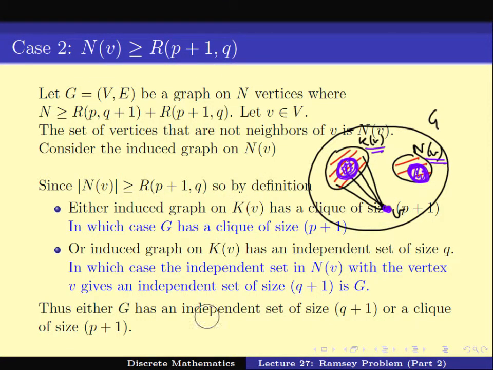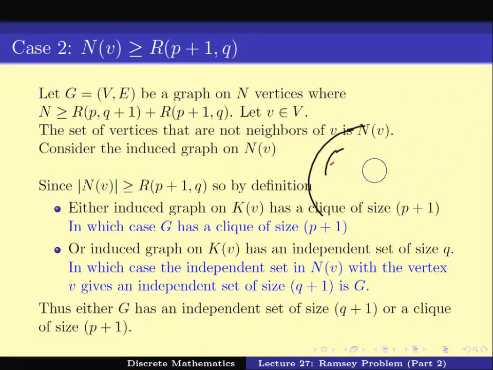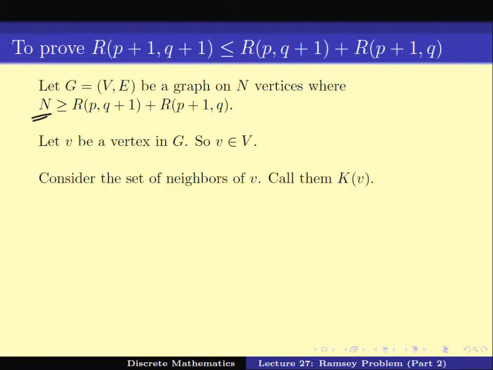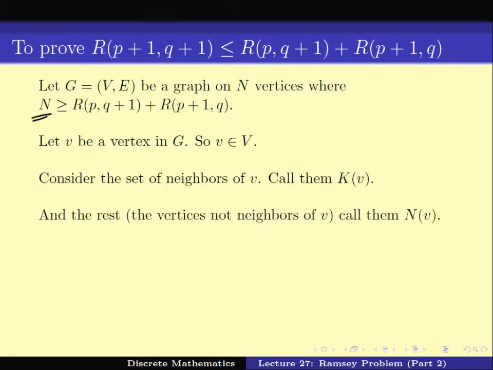So thus we started with this graph G, which has number of vertices greater than or equal to R(p,q+1) + R(p+1,q). We picked any vertex in V, looked at the neighbors and the non-neighbors.